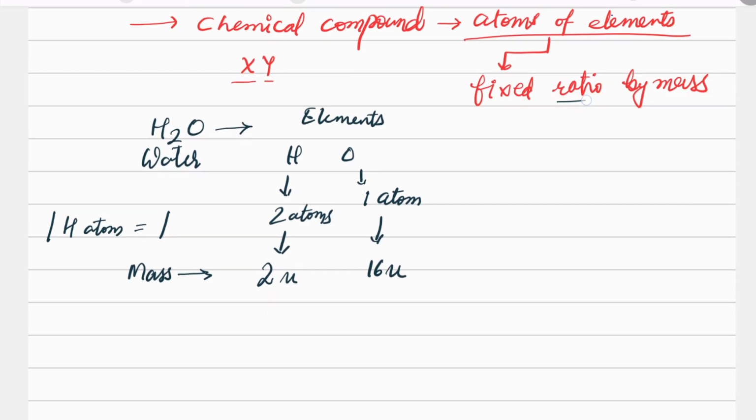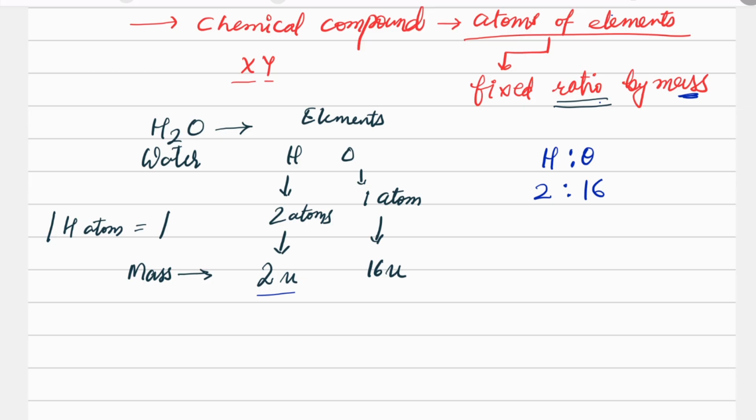So we are talking about the ratios of masses. Hydrogen is 2 and oxygen is 16.